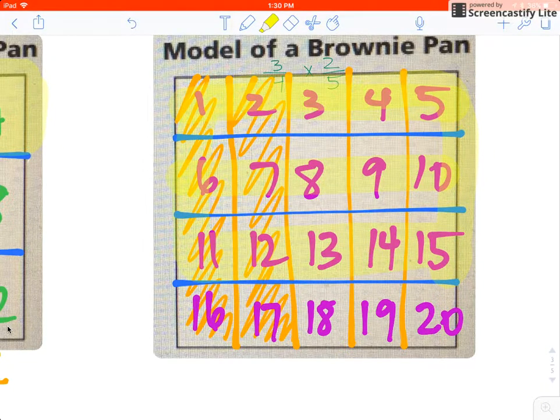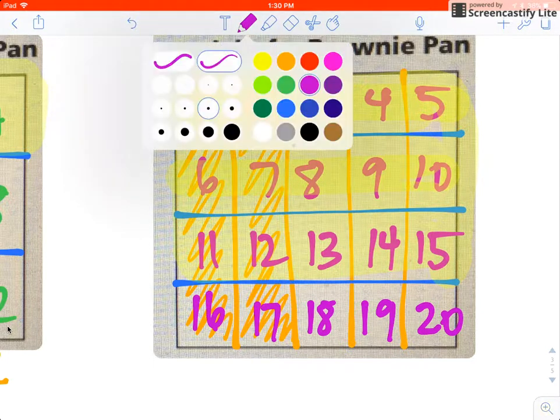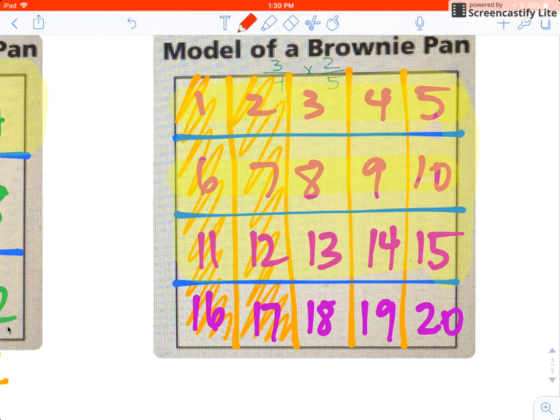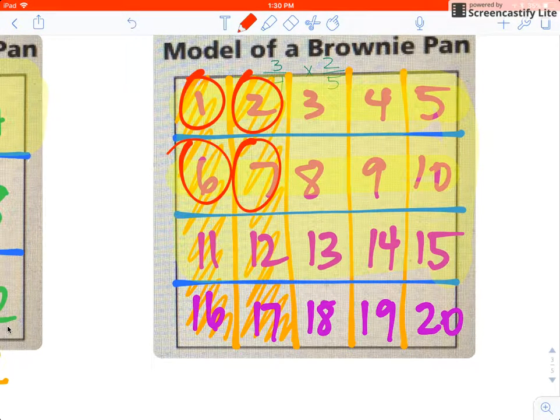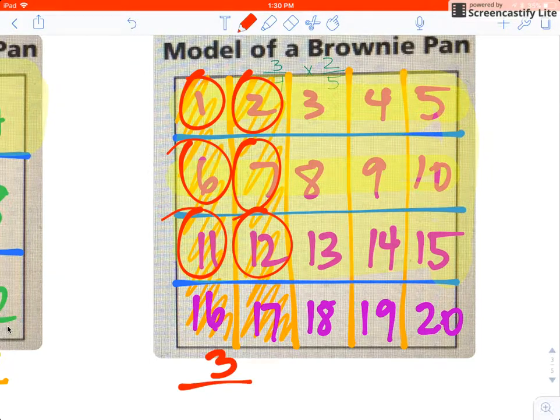So this whole section is what we get to buy, but not all of it has brownie pieces. So we have to go back and figure out what portion actually has brownies that we can buy. So how many pieces will we actually buy? 1, 2, 3, 4, 5, and 6. So we get 6 of the pieces of this brownie pan out of the 20 pieces total.